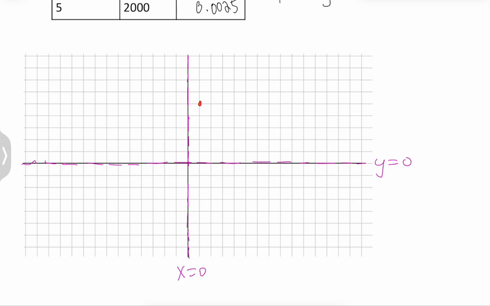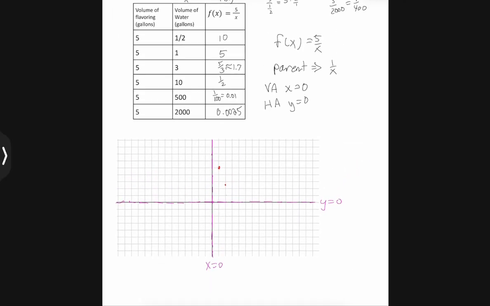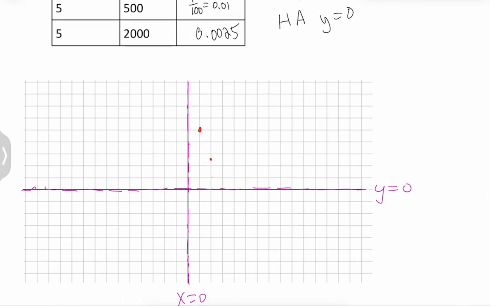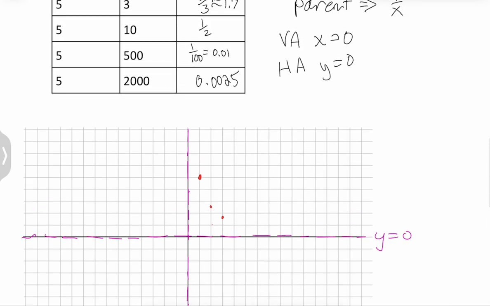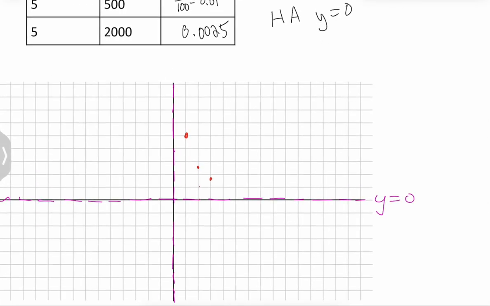If you plugged in 2, you're at 2.5. We did plug in 3, and we got about 1.7. We did plug in 10. We got 1/2.